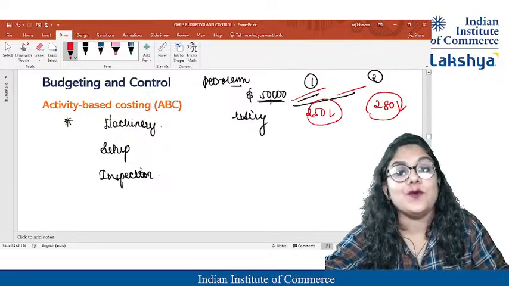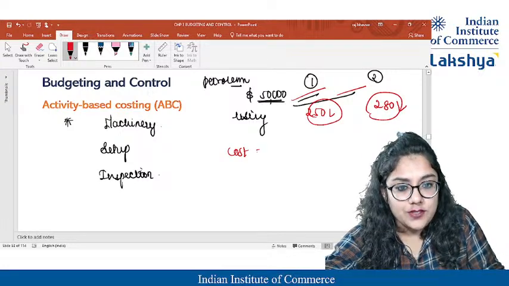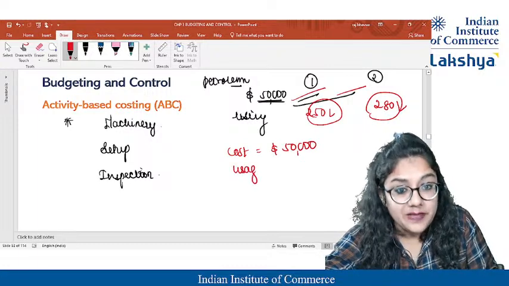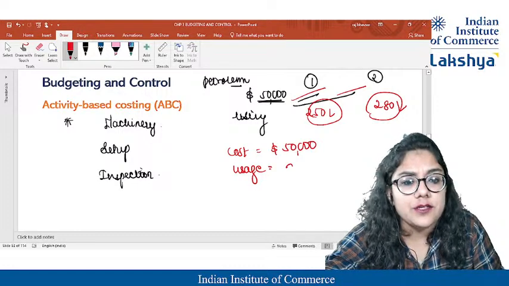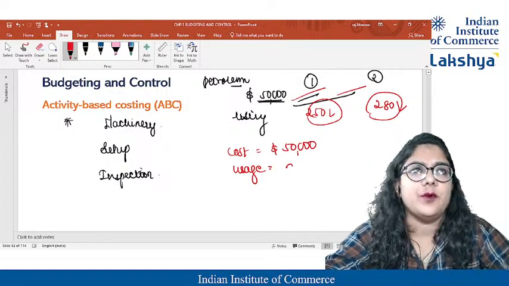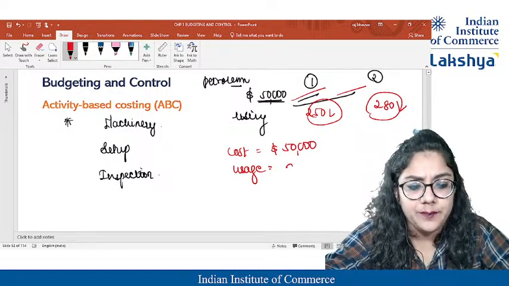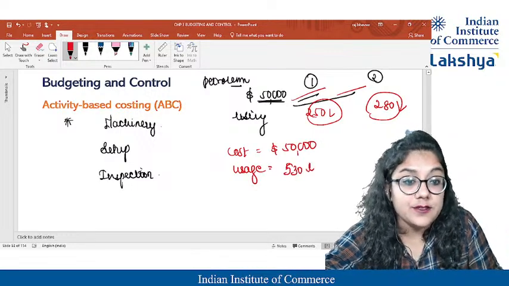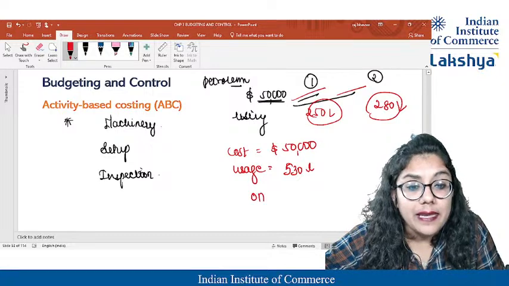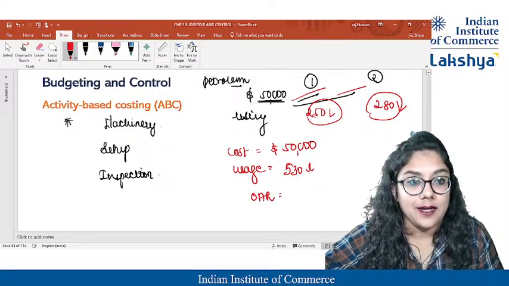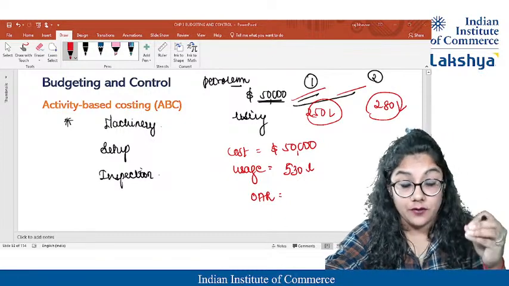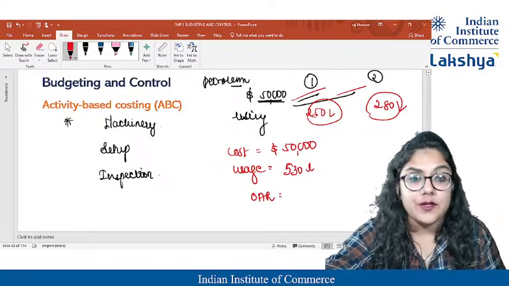Yes. So what I can do, the cost is $50,000, and the total usage is 250 plus 280, it comes to 530 liters. So can I get the OAR, overheads activity rate?